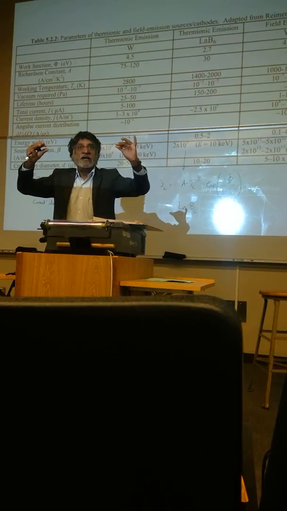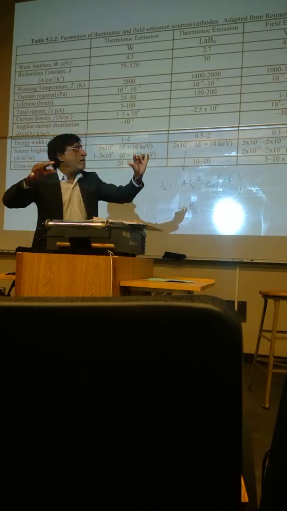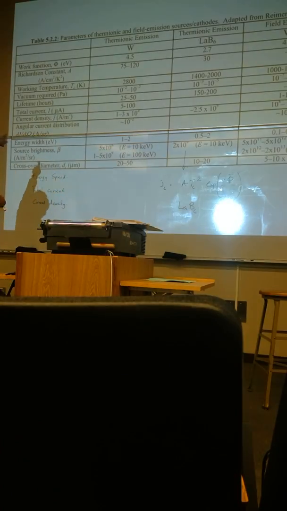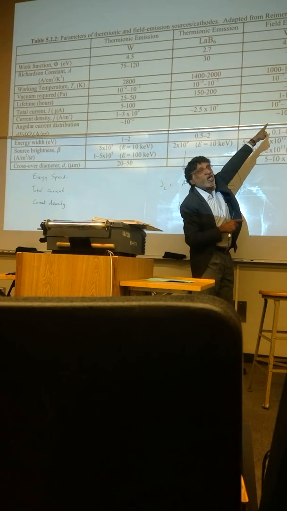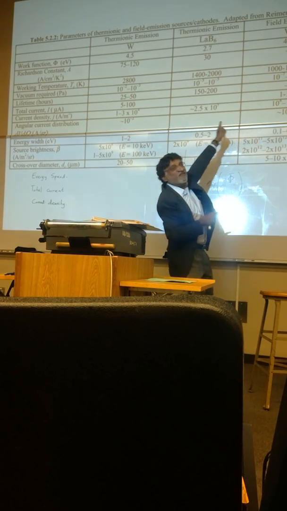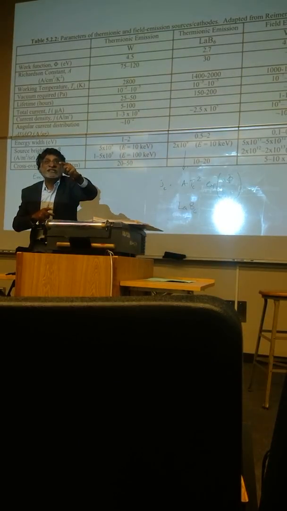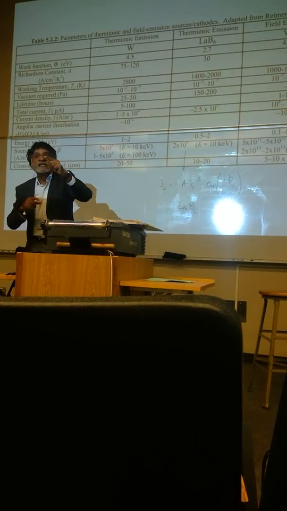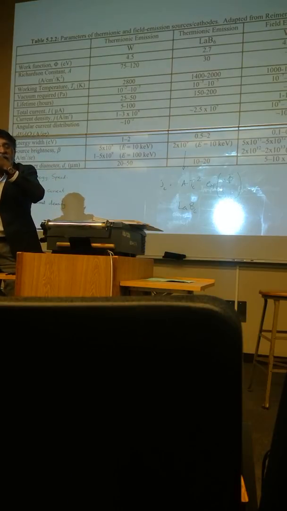The source is big. But the big advantage is that the current density in a field emission is huge, orders of magnitude different. So the total current is small, but the current density is high, because all the electrons are coming from a very small area.